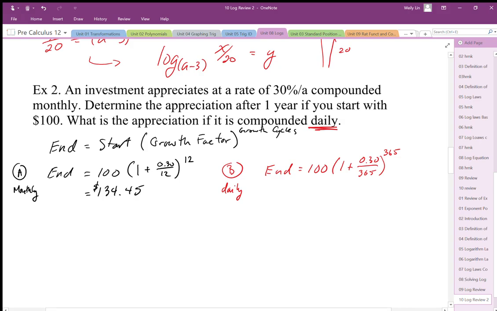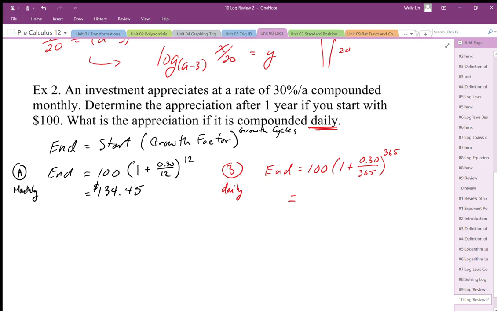But a continuous growth rate would be when this 365 would be infinite. Then we start using the e function instead of this compounded growth formula. But here we are compounding it daily. We can count the number of compounds, and when we punch this into our calculator, again we're going to start with $100, 1 plus 30%.